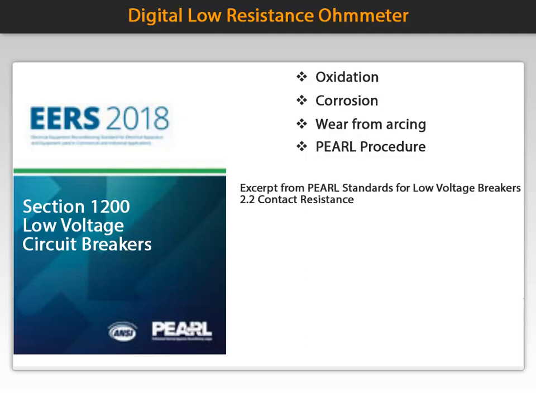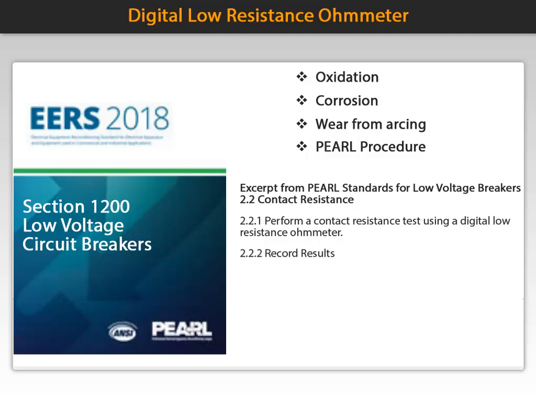Item 2.2 covers contact resistance. Continuing on, it reads 2.2.1, perform a contact resistance test using a digital low resistance ohmmeter. The next step is 2.2.2, which is record results. Then 2.2.3 is compare test results to manufacturer's recommendations if available.